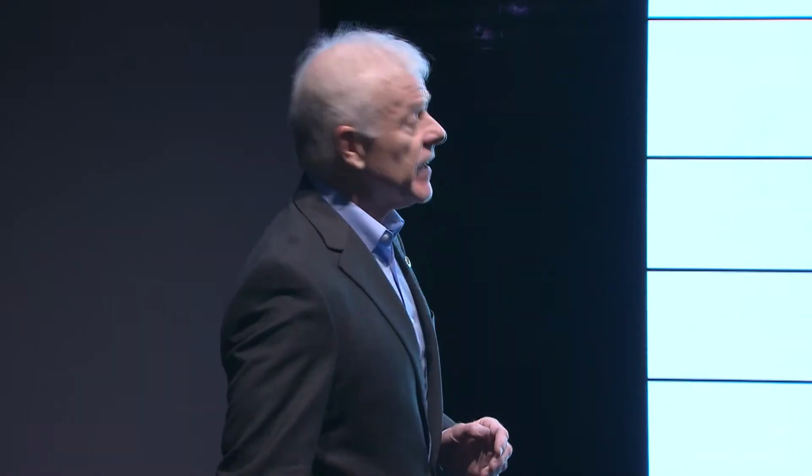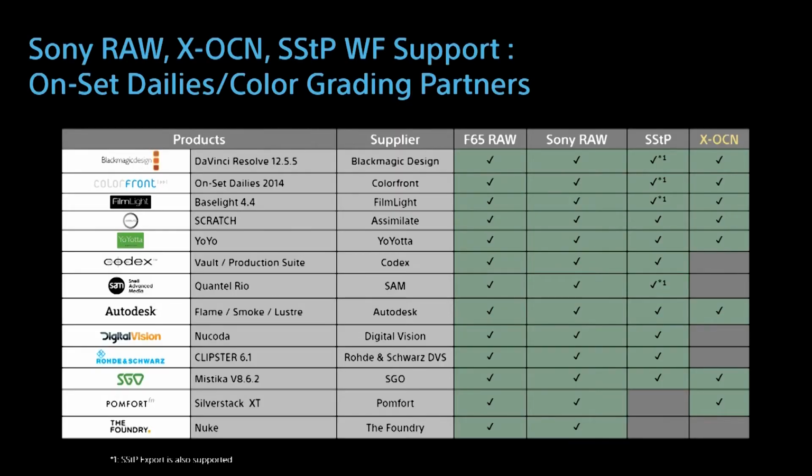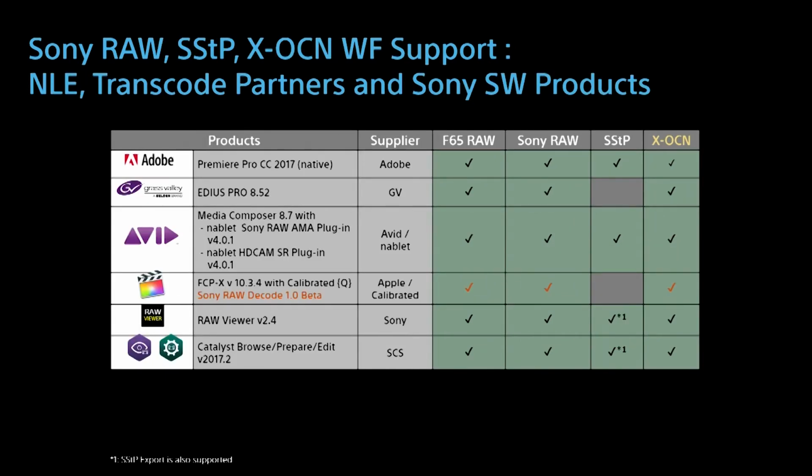This is a dramatic digital negative, and the ratios of reduction do not change with the variations in high frame rate. This amazing algorithm now Sony is releasing to all of the platforms in post-production, and for onset dailies and color grading. There's a number of companies that are now supporting the decoding of the XOCN files, and also the transcoding partners and nonlinear editors are now all adopting the use of XOCN.